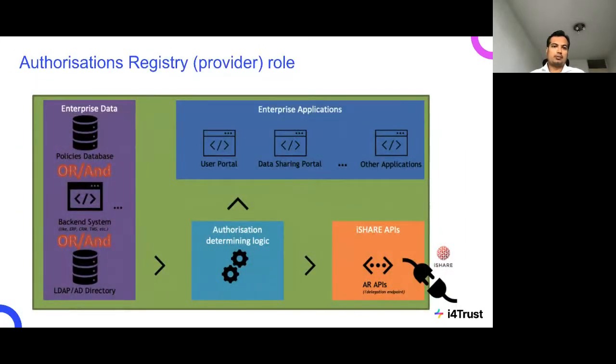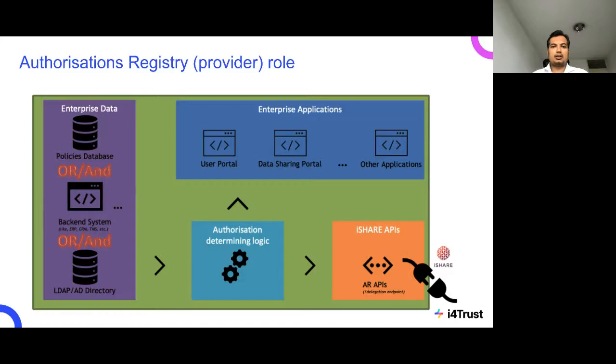Then a brief about the authorization registry role. What we have defined as the authorization registry role is in the bottom right corner, where you see the orange block. That's the request-response APIs that we have specified. The remaining aspects are to be implemented by authorization registry third-party providers, or a data owner can also implement that.